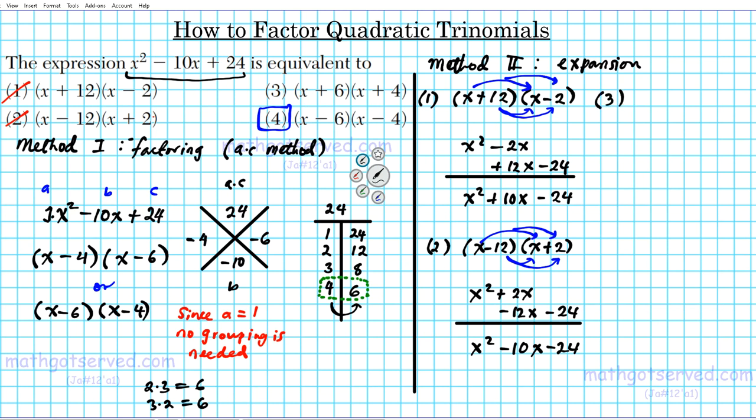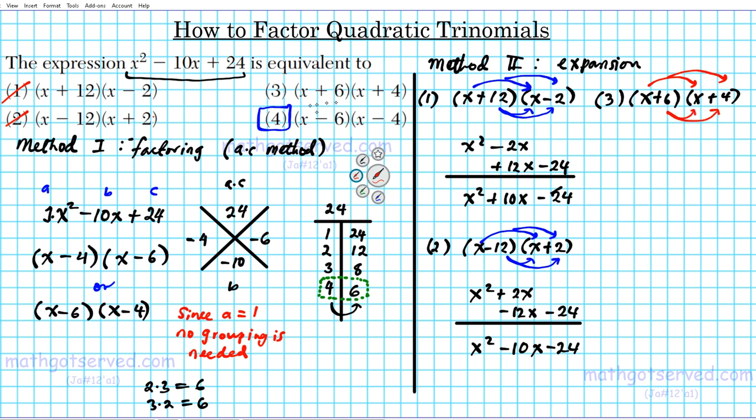All right, option 3. We have x plus 6 times x plus 4. We're going to FOIL that out using the same procedure that we used before. First, outer, inner, last.